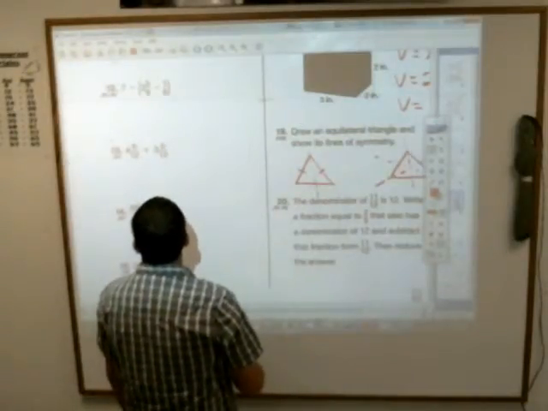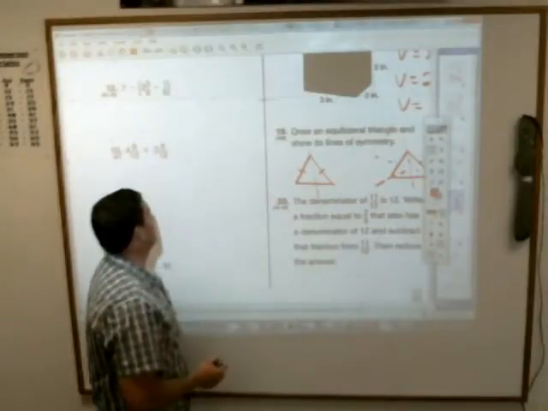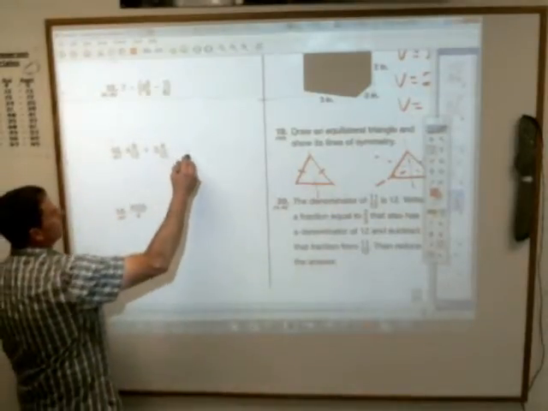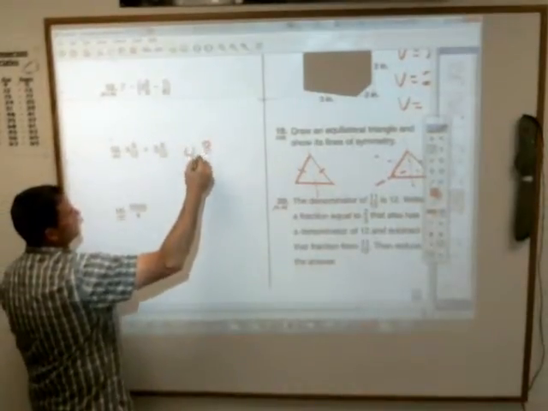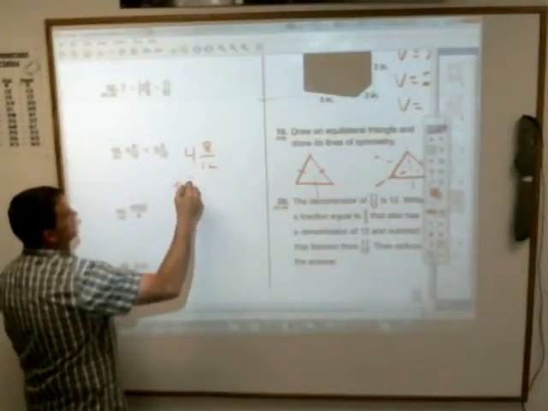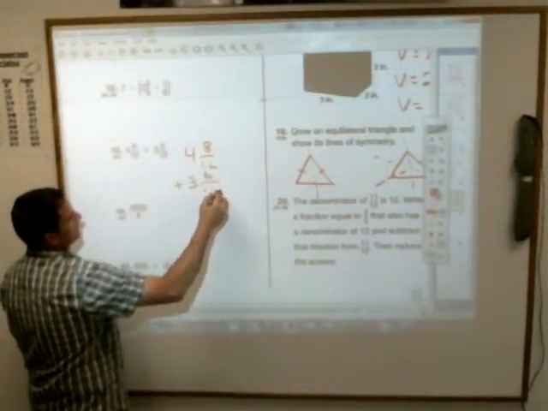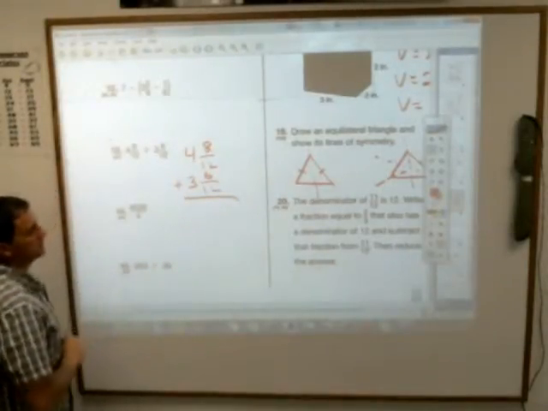What about 13? First of all, did you write it up and down? Yes. 4 and 8 twelfths plus 3 and 6 twelfths. What did you get when you added 8 twelfths and 6 twelfths?